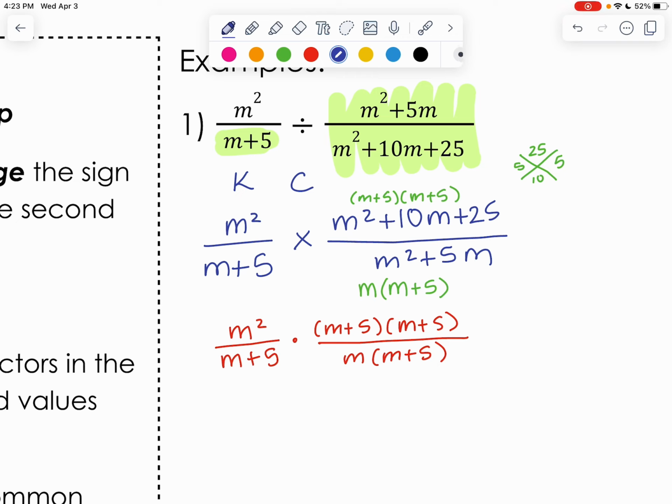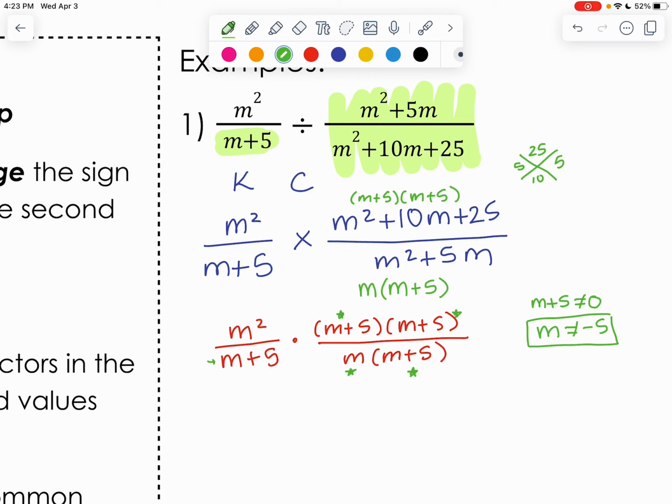Next up, I'm going to find the excluded values. Remember, they come from the denominator of the first fraction, so that's right here. We say m plus 5 cannot equal 0. So we know m cannot equal negative 5. And then they also come from everywhere in the second fraction. So that'd be m plus 5 here, the m plus 5 here, m plus 5 here, and m.